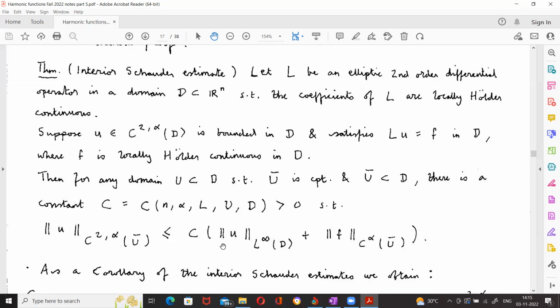So suppose now I have a sequence of L-harmonic functions, right, which are bounded on compacts. So if I take a ball of radius r whose closure is contained in the domain, then if I take a slightly larger ball of radius r plus epsilon, whose closure is also contained in the domain, then on that ball my functions are bounded uniformly, by hypothesis.